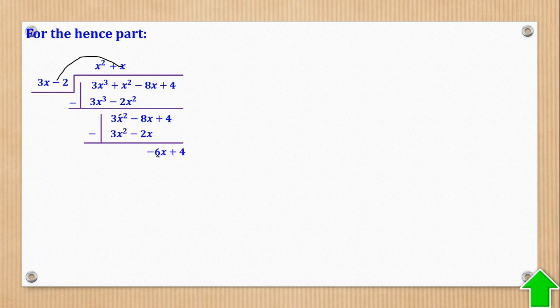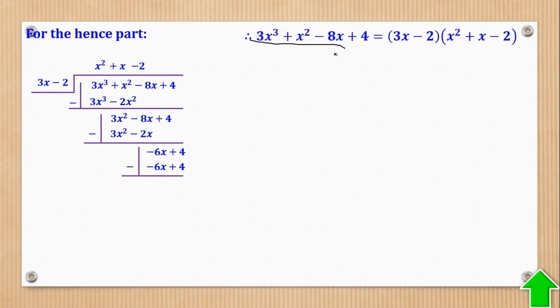So again divide, -6x divided by 3x, I'll come up with -2. -2 times the whole of this gives you that. So when I subtract, to be 0. That means that the whole of this function is equal to this divisor times this quotient. When I factorize this one, I'll come up with this, and that's what they wanted.